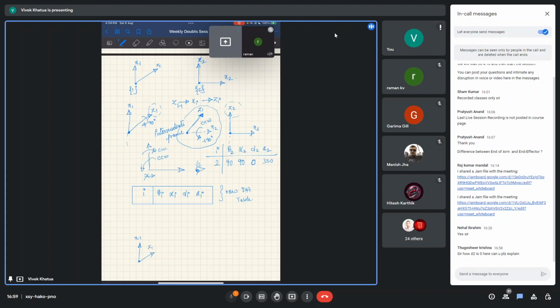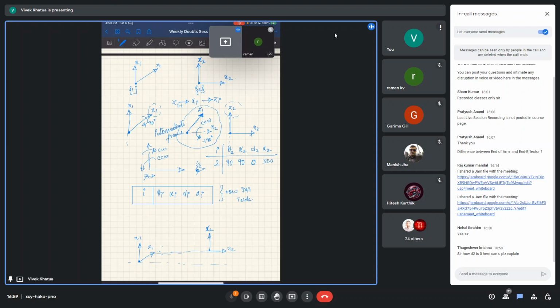So this is z1. Now my frame is here. Okay, z2. Now you understand what I have done. There again, this point is not collinear with these two axes, or in the x2 axis.